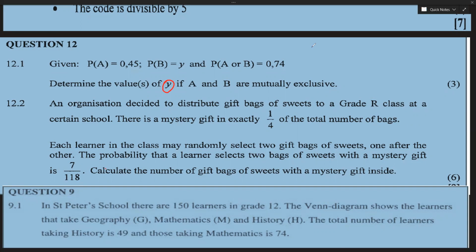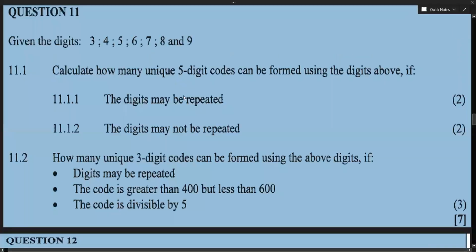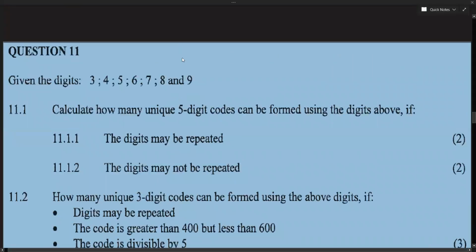So okay, let's see now. Let's finish these questions quickly. This one was answered, right? Then this one, they said digits may not be repeated. Remember, we have 5 places. So I have 7 options.